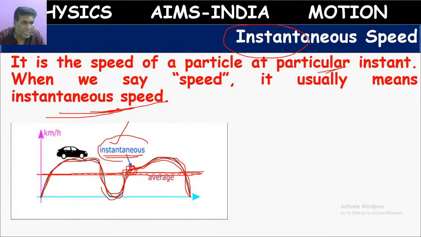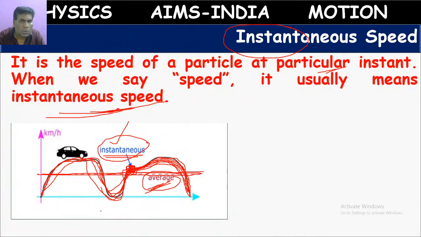So instantaneous speed never depends on the whole journey of the car. It depends only on that particular instant. Whereas average speed depends on the throughout journey of the car, because average speed means total distance by total time.